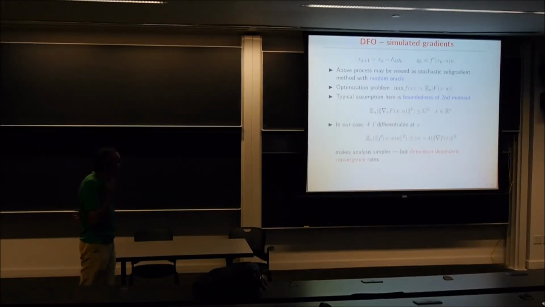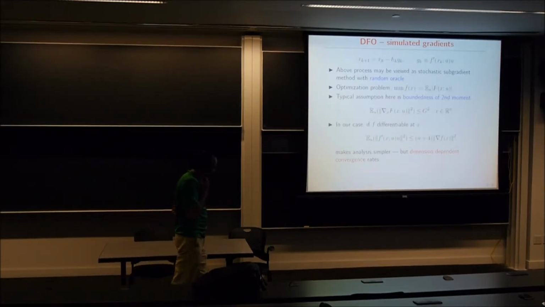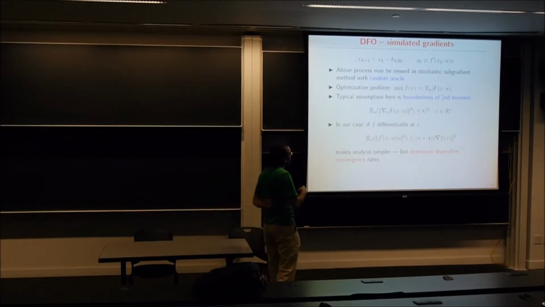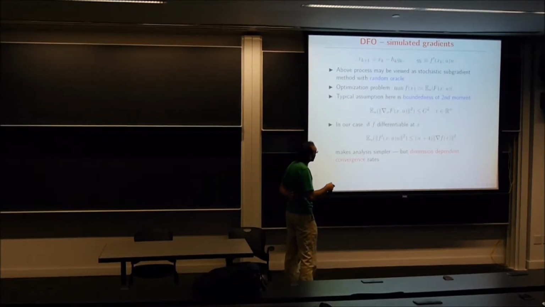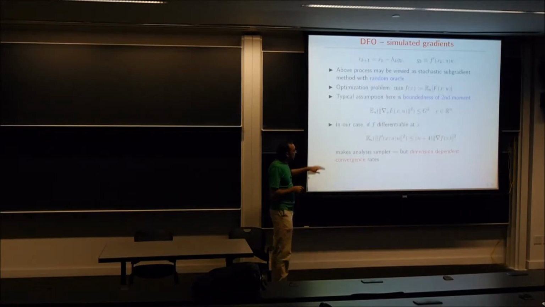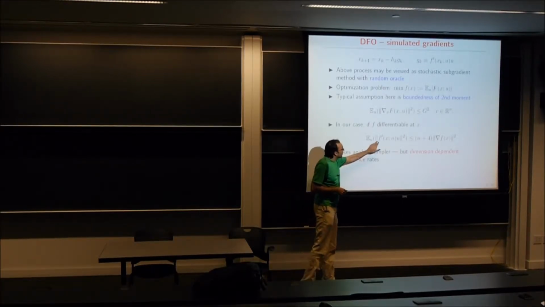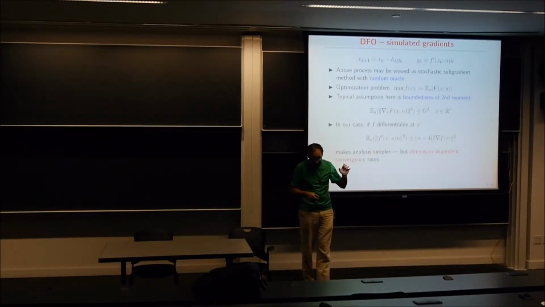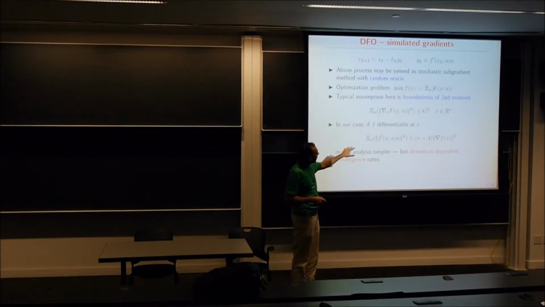So in Yuri's paper, he makes an interesting point here: instead of going through that route, he says in our case, if f is actually differentiable, then this object in expectation is actually the gradient, and its second moment is bounded by that quantity.